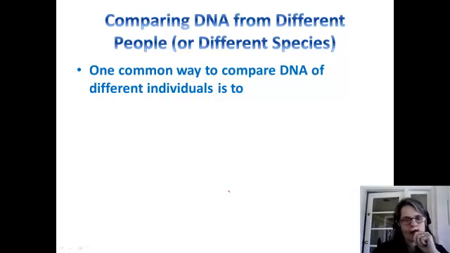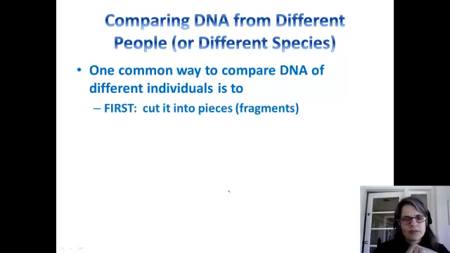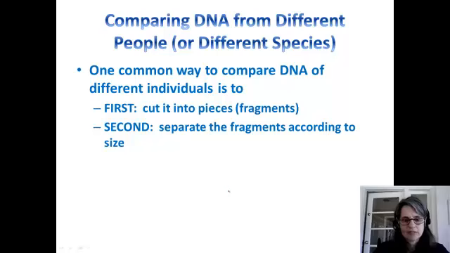So let's talk about comparing DNA from different people. And what we would have to do if we wanted to do that. One common way to compare DNA of different individuals is to first cut it into pieces, and then secondly, separate those pieces according to how big they are.